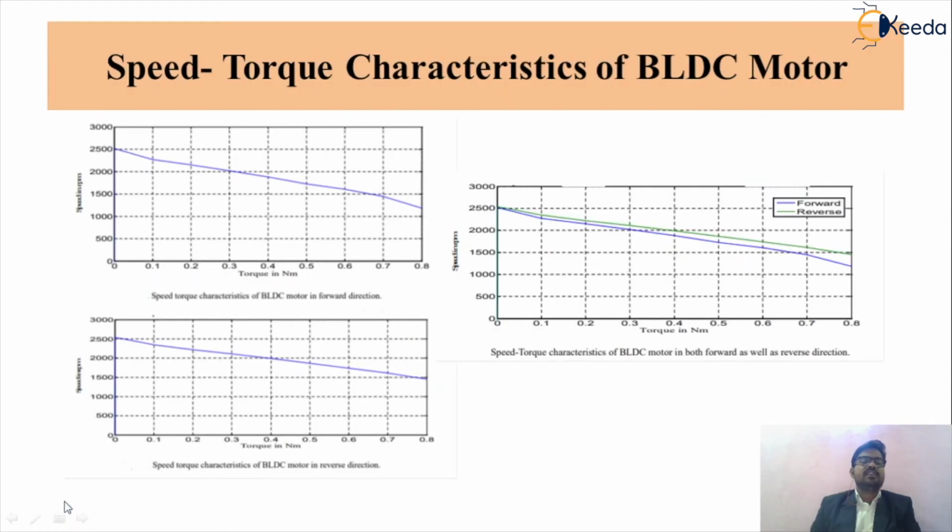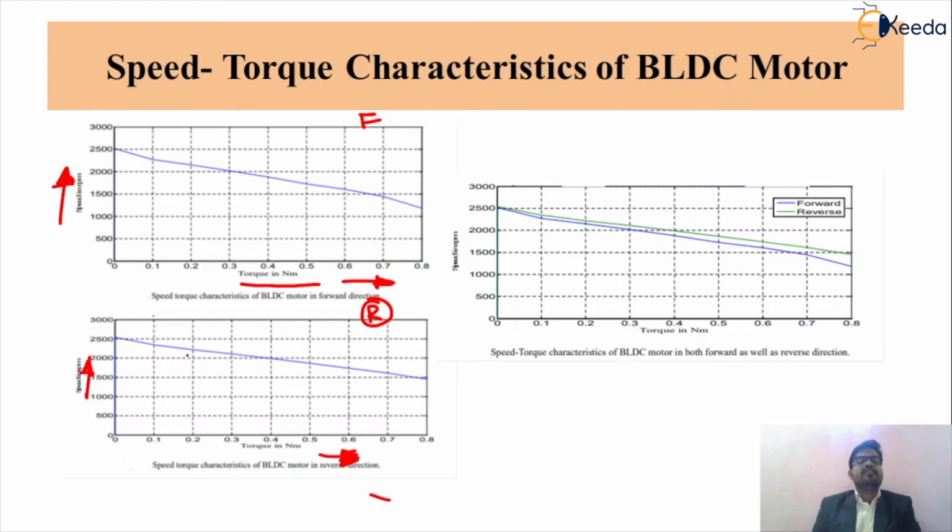Similarly, friends, we have to draw the speed-torque characteristics for forward as well as reverse motion. This is the actual torque in Newton meter, and this is the speed in RPM of your BLDC motor. This is for forward motion, and this is for reverse motion, again with speed in RPM and torque in Newton meter.